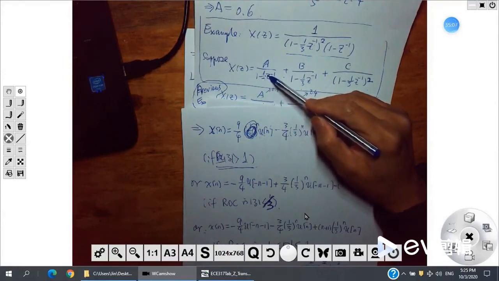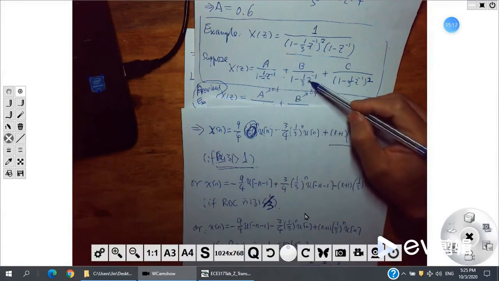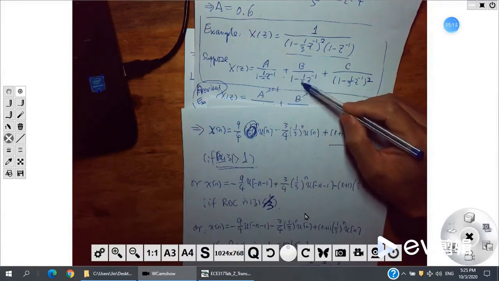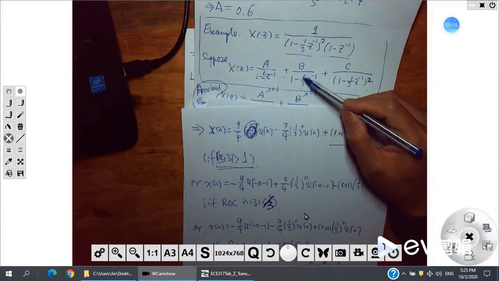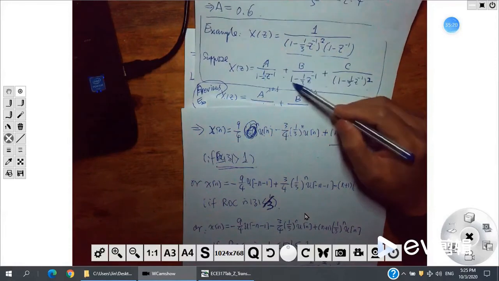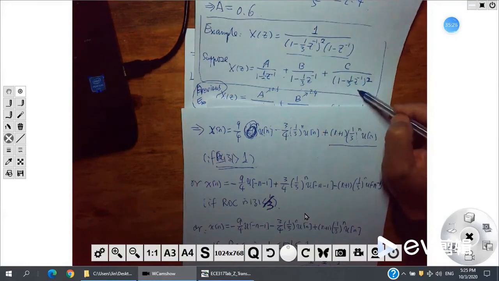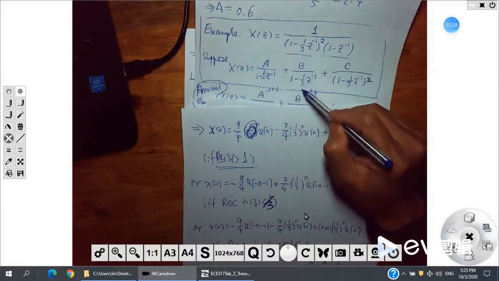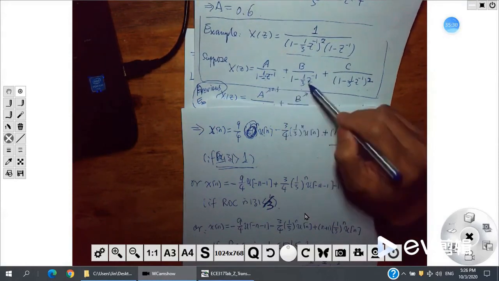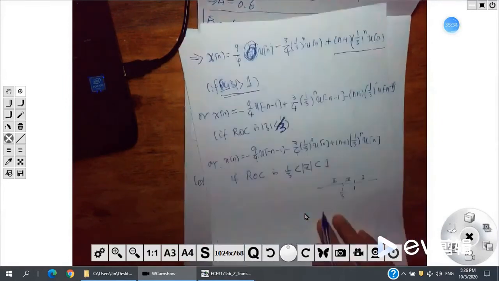This will give you infinity, like a over 0. Similarly, if z equals 1/3, then this is 1/3 divided by 1/3, you get 1, and 1 minus 1 is 0. So you have b over 0 again. So we call these 1 and 1/3 the poles of x of z.